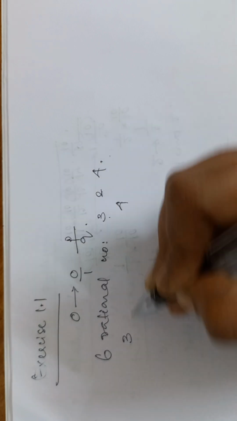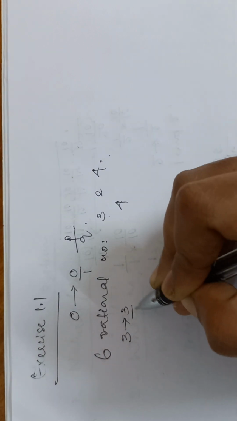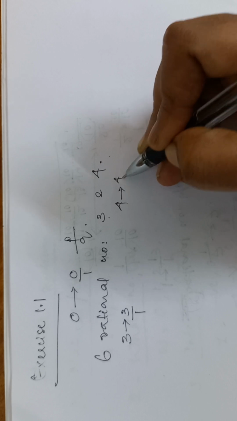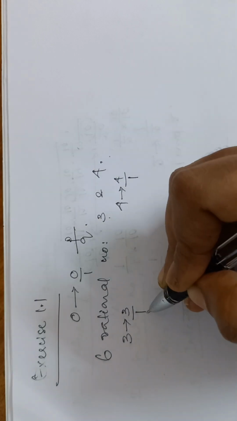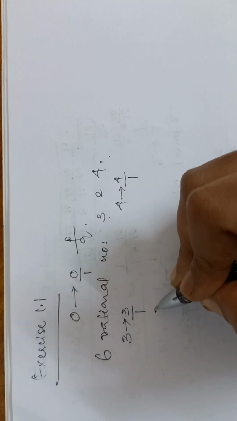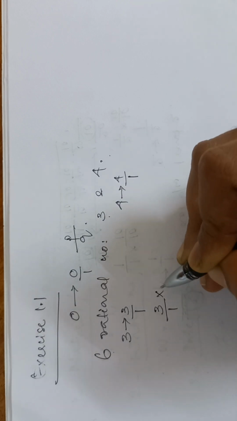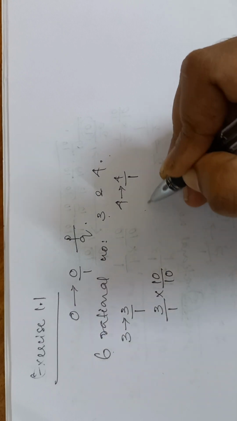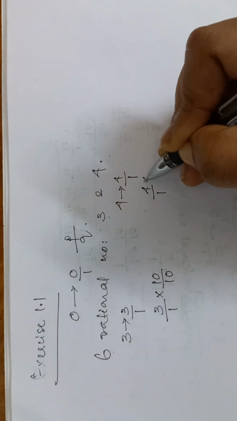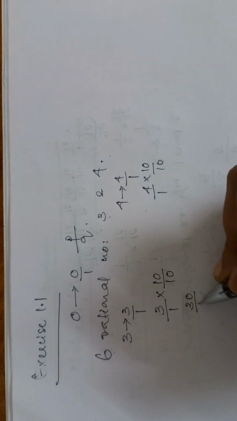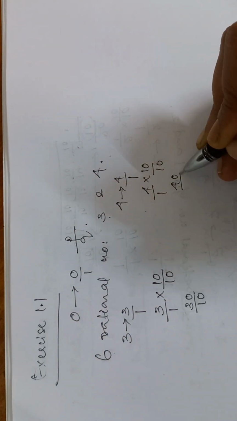First, convert them into rational numbers. 3 is 3 by 1 and 4 can be rewritten as 4 by 1. Then take a number which is greater than 6. As usual I am taking 10. You can take any number which is greater than 6. Then multiply both numerator and denominator by 10. Now you get 30 by 10 and 40 by 10.